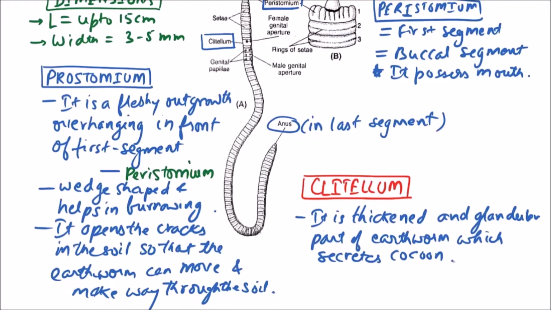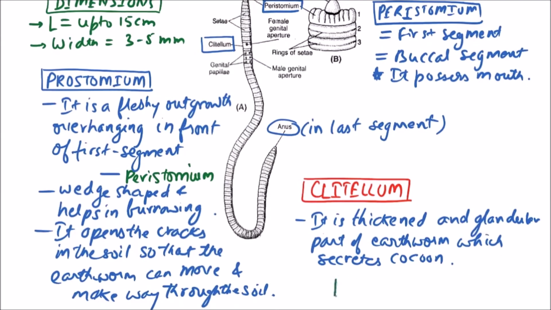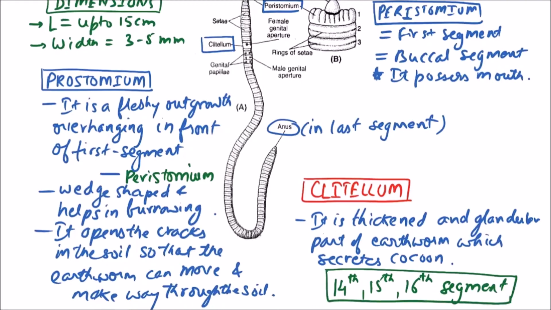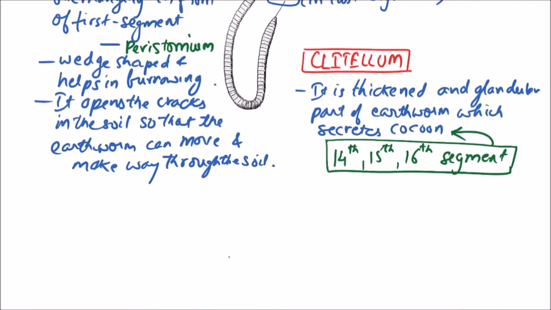Now this is found in 14th, 15th and 16th segments of body constitute the clitellum that secretes cocoon.